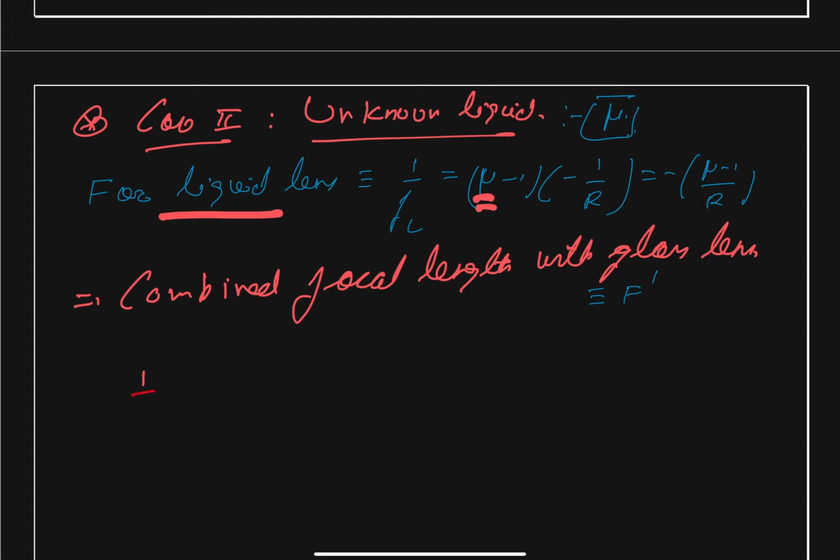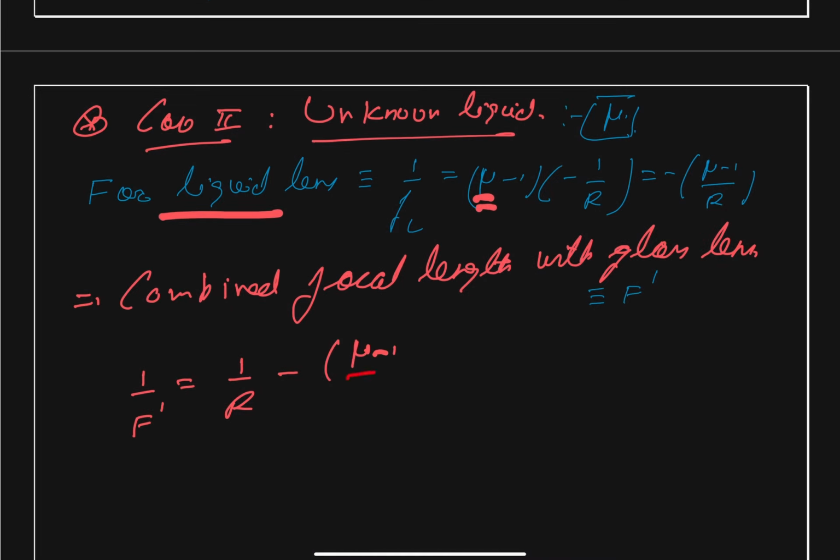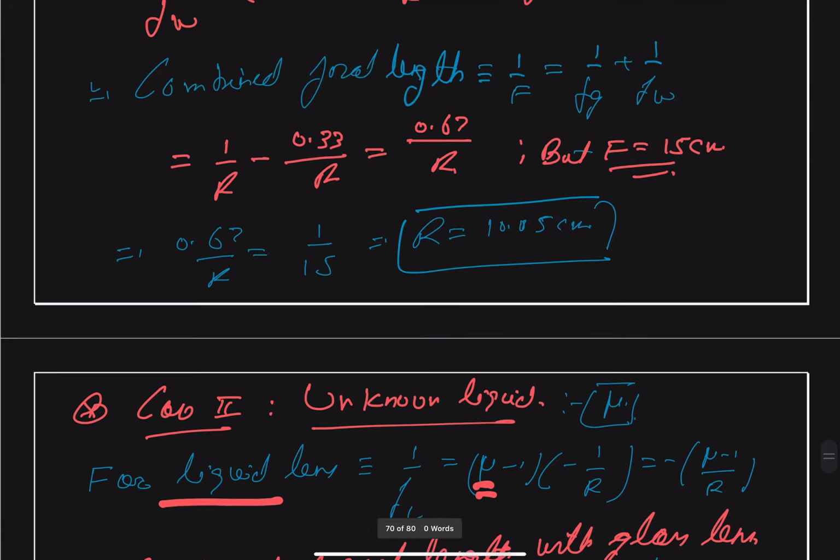So we can write 1 upon F prime will be equal to 1 upon R, that was specifically for the glass lens, minus (mu minus 1) divided by R. This gives us (2 minus mu) upon R, and F prime we know is 25 centimeter, and R we also found out was 10.05 centimeter.